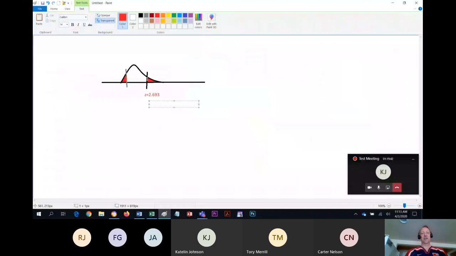I no longer have a z-score. I have a t-score. T equals 1.55 with degrees of freedom equal to 10. So that's the Excel method if I'm using the chart.